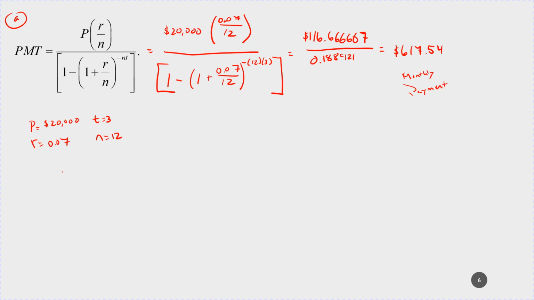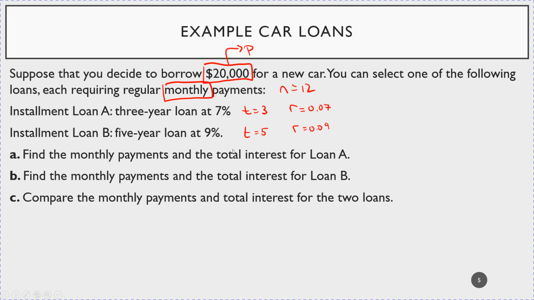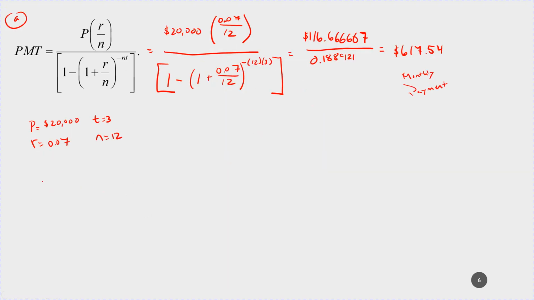So the next part said find the total interest that you paid. Find the total amount you paid in interest. So this would be the sum of all payments, so we have to figure out how much I paid when I add up all my payments minus the amount borrowed.